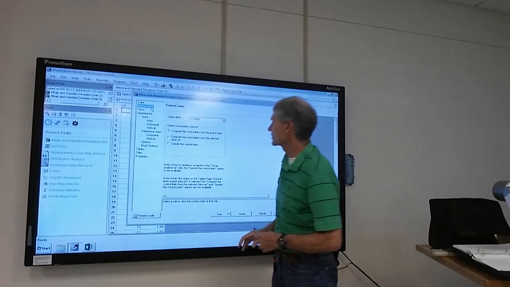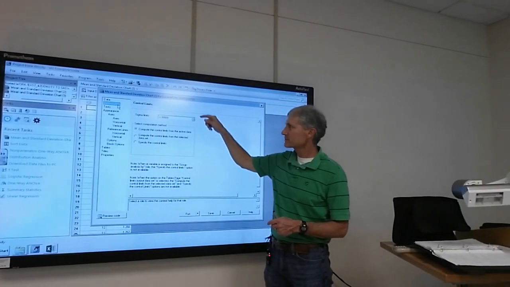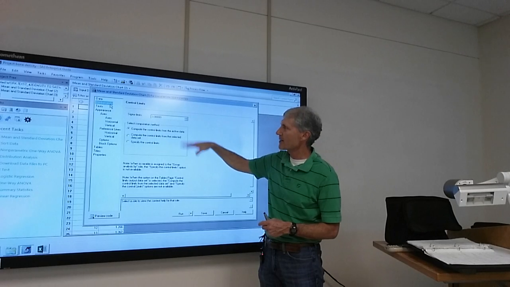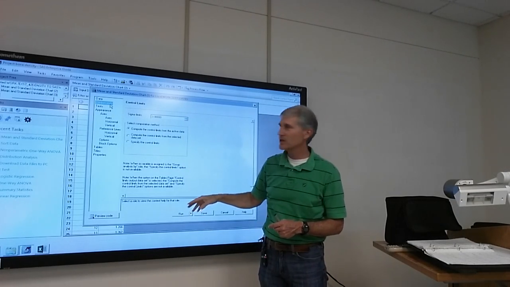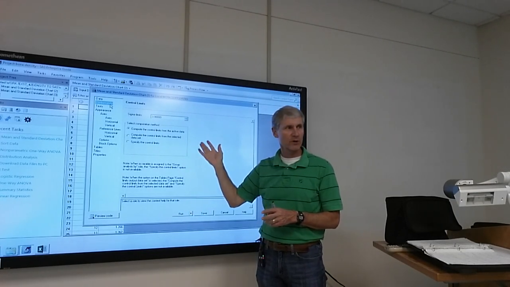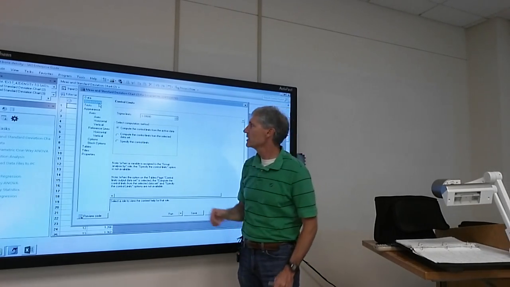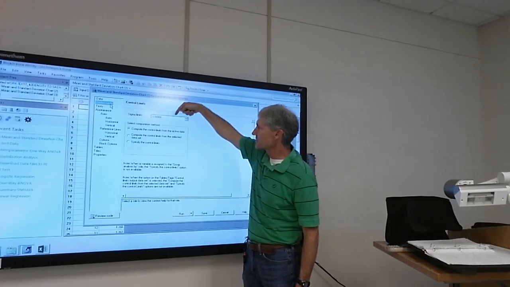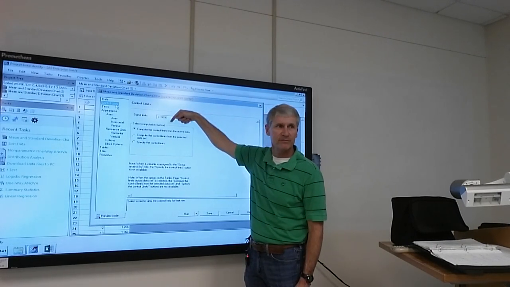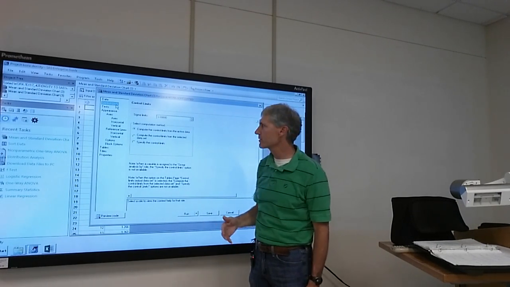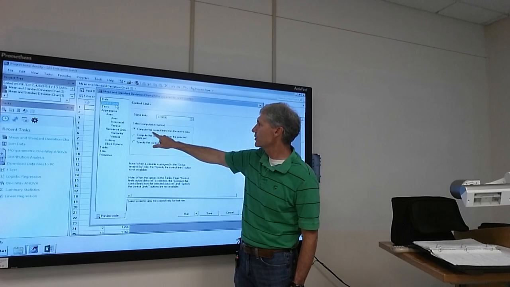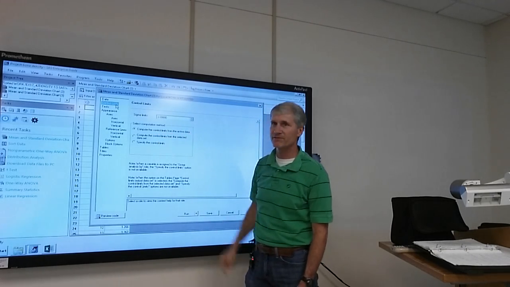Then you can actually choose different options for what the control limits are. The default is the one I already showed you. So it defaults to doing what the textbook describes. Sigma limits, its default is 3 sigma, but you could change that to 2 or whatever. And then it says compute the control limits from the active data.